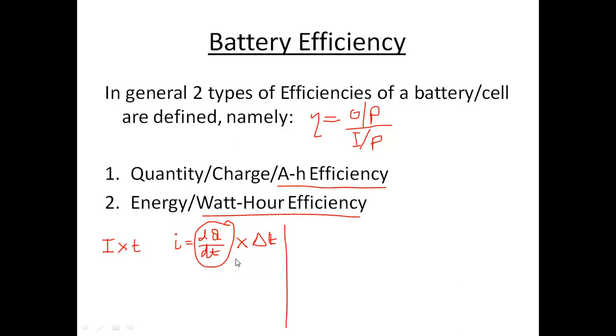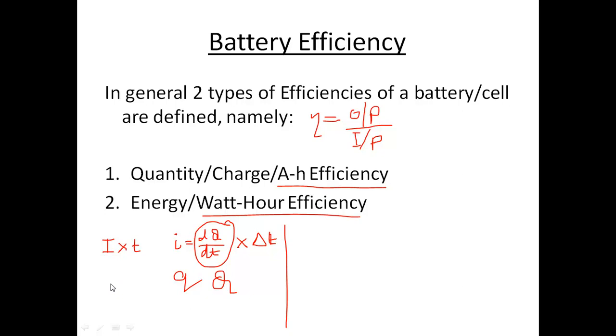Therefore, what we will get is charge. So in the first efficiency, we will have the ratio of the output charge divided by the input charge.